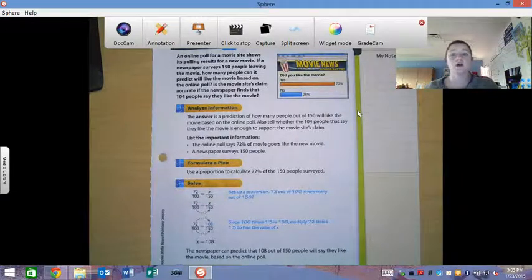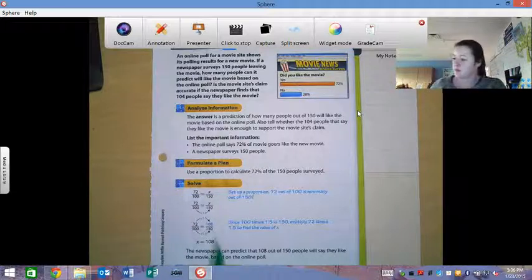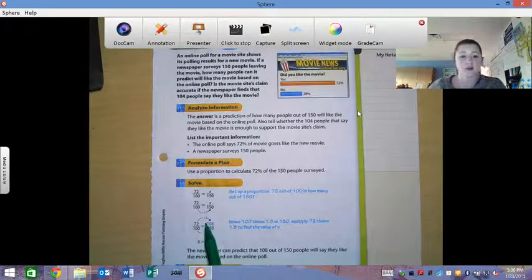Well, 150 is bigger than 100, so we should expect logically to have more than 72. So when we work on our proportion, we do 100 times 1.5 to give us 150. When we multiply our denominators by 1.5, we have to multiply our numerators by 1.5, and 72 times 1.5 is 108.